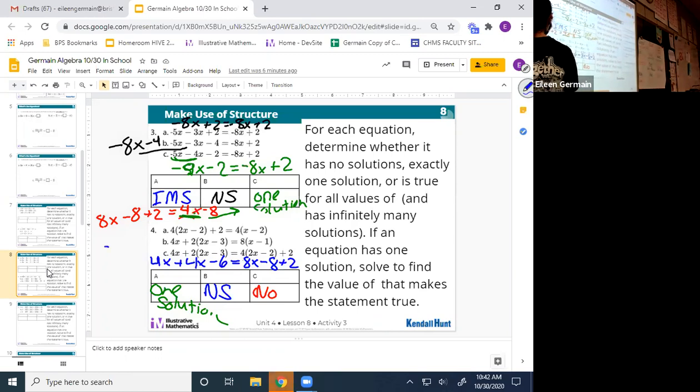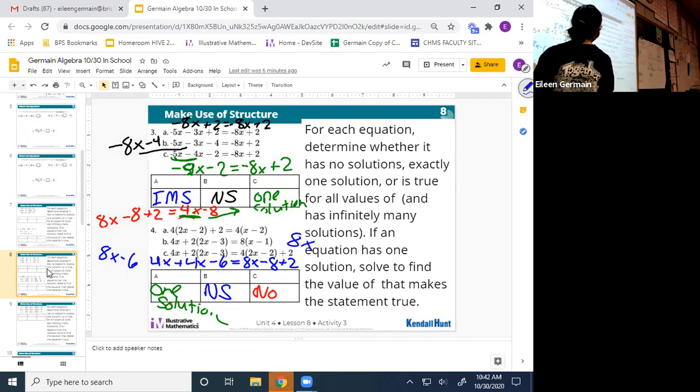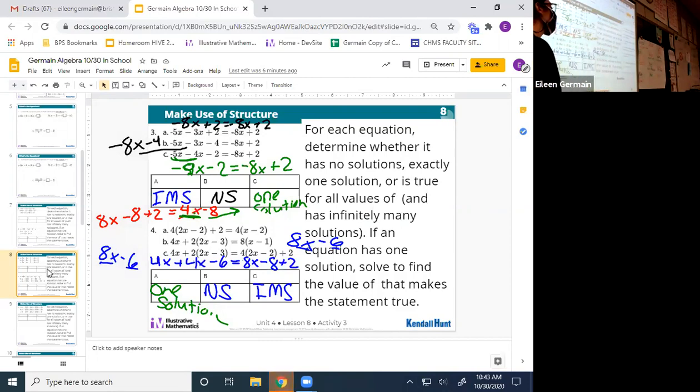We have 8x minus 6 is equal to 8x, negative 8 plus 2 would get negative 6. So we would say it has infinitely many solutions because we have the same variables on each side and the same constants. So we would say infinitely many solutions. Awesome job.